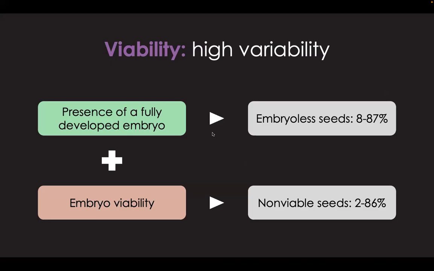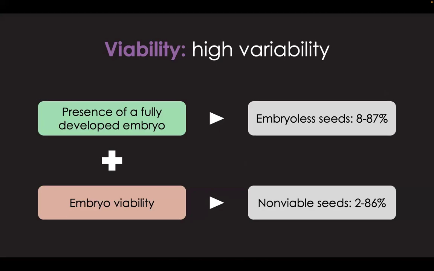When we compare the values of embryoless seeds and non-viable seeds, we see that they are all over the place. We have species with 87% embryoless seeds, where you cut the seeds and find no embryo at all. Or you can find that most seeds in a seed lot are non-viable, with a value of 86%. So there is huge variability, from species that produce a lot of viable seeds to species that produce almost no viable seeds.